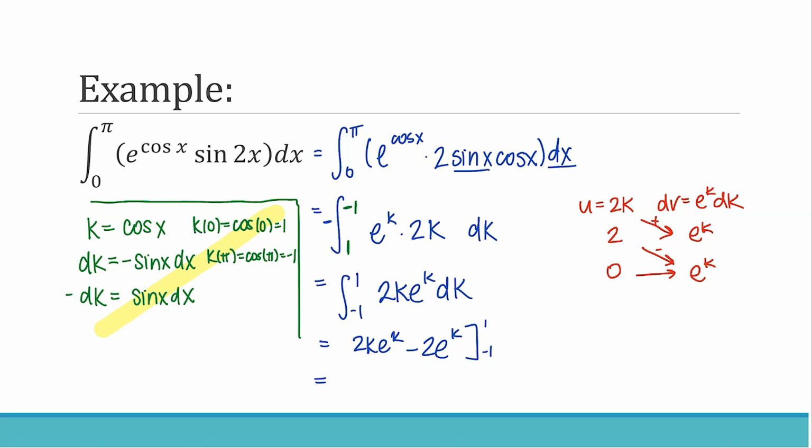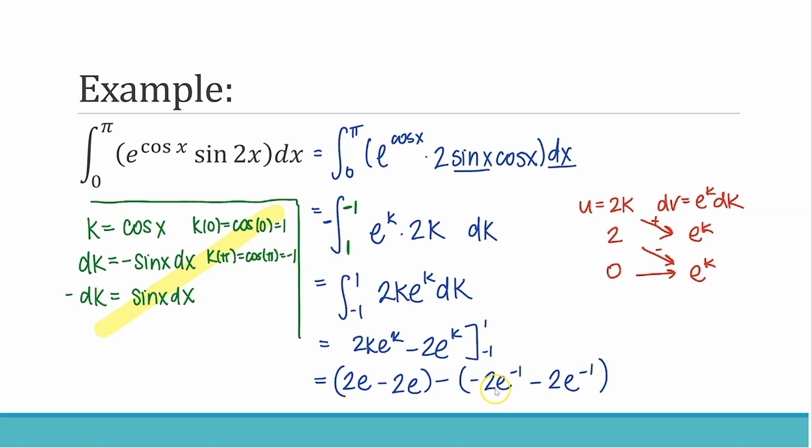So let's do it. If I plug in a 1 into this k, I'm going to get 2e minus 2e. So that's nice. That's just 0. Minus negative 2e to the negative 1. I'm plugging in negative 1 into this k. That makes it negative. This k is negative. And then minus 2e to the negative 1.